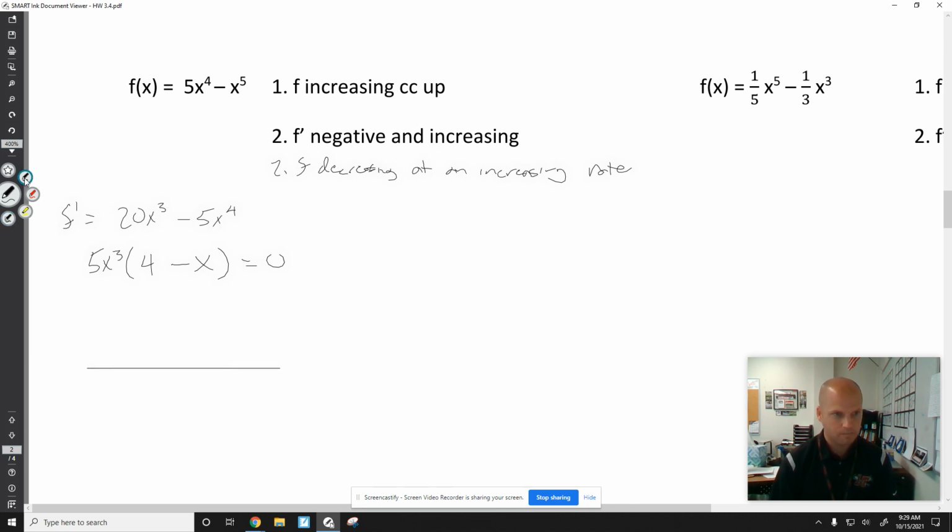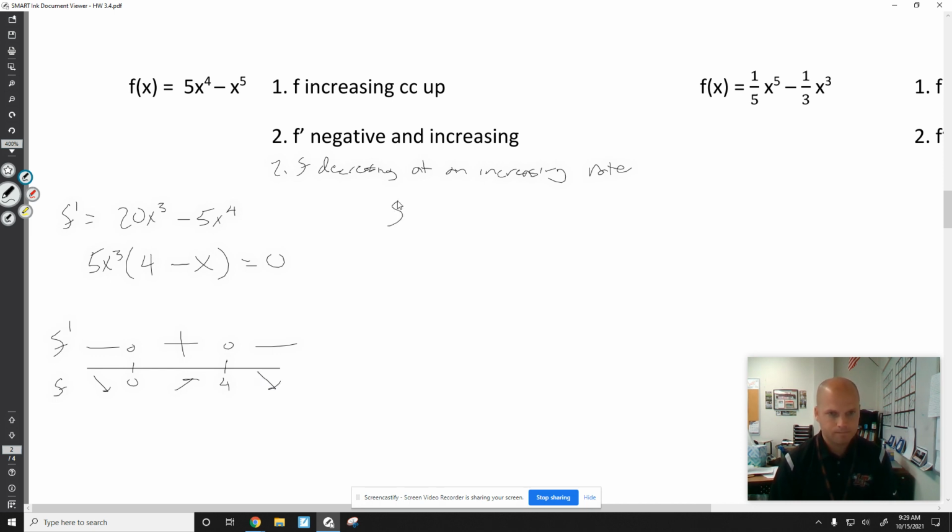Here's f prime. 0 and 4. F prime is 0 there. If I plug in 5, positive, 4 minus 5 is a negative. Multiplicities are both odd, so I will be changing signs. You could also check your intervals. That tells me f is going down, going up, going down.